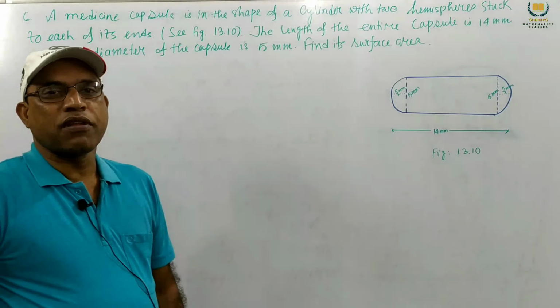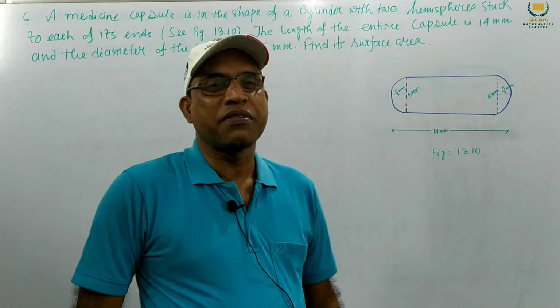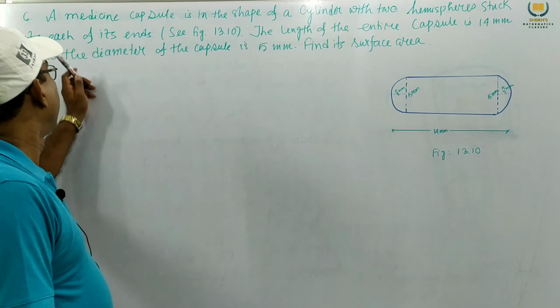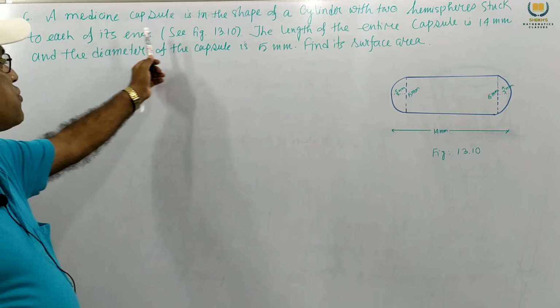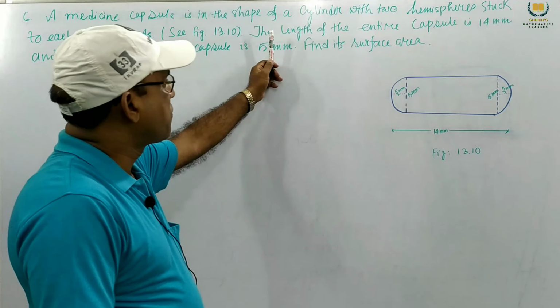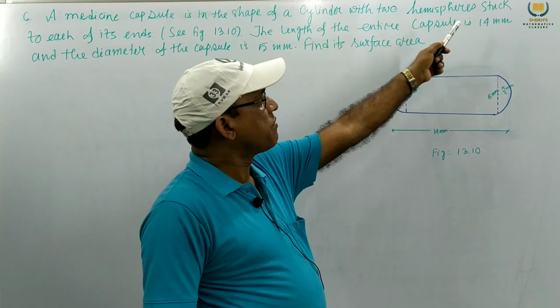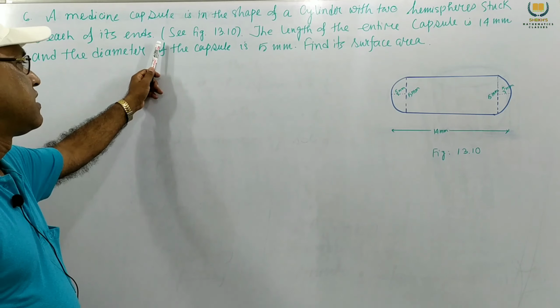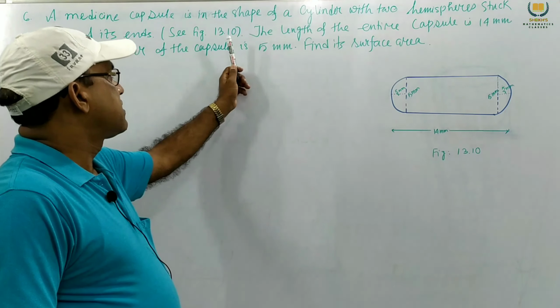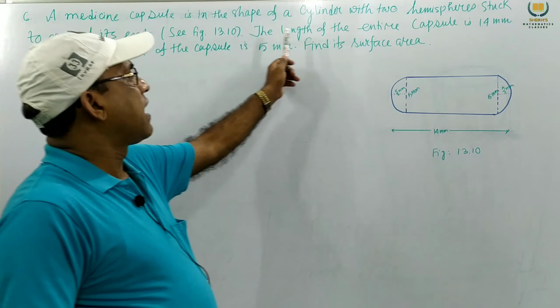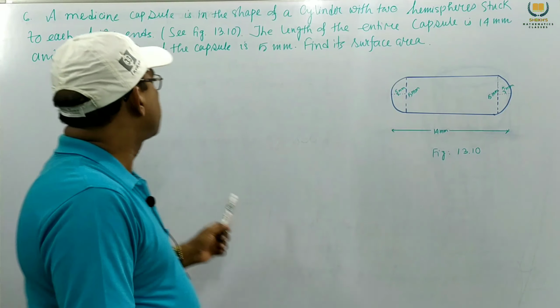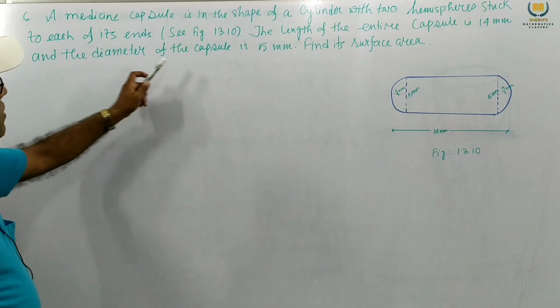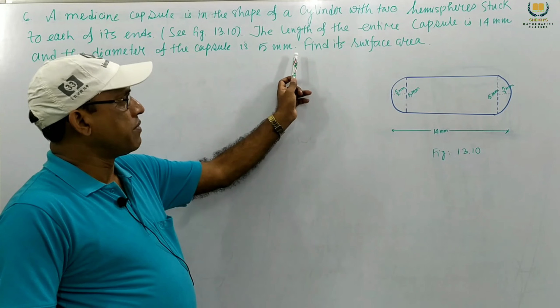Now we consider problem number 6. Problem number 6 given: a medicine capsule is in the shape of a cylinder with two hemispheres stuck to each of its ends. See figure 13.10. The length of the entire capsule is 14 millimeter and the diameter of the capsule is 5 millimeter.